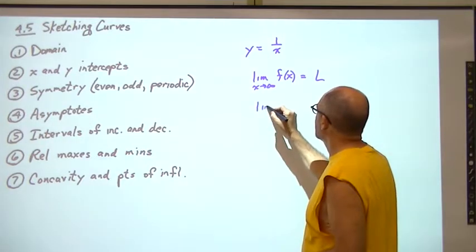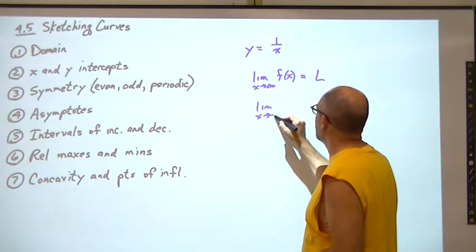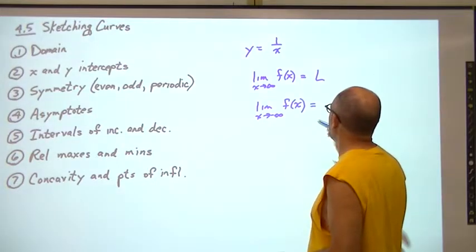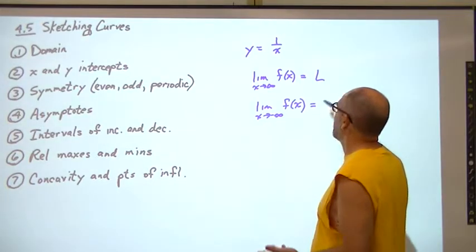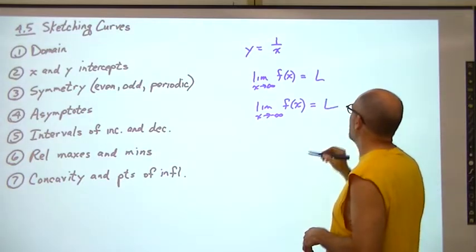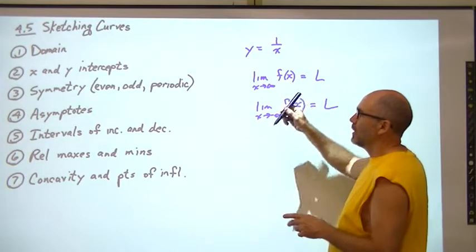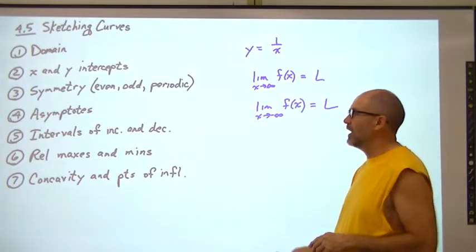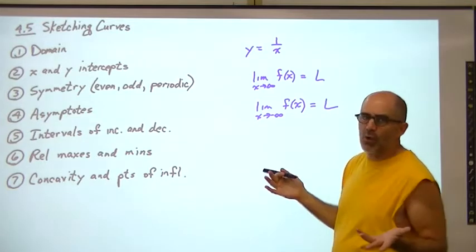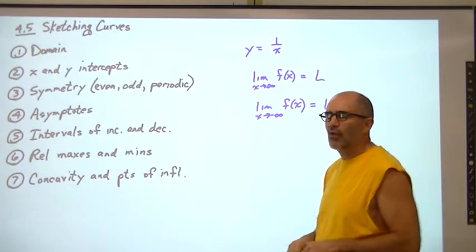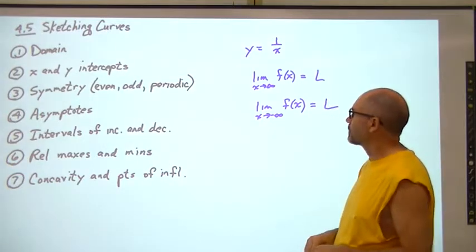Or the limit as x approaches negative infinity of f of x is also going to be some L value or some y value, and it could be a different y value. You could have a horizontal asymptote in the positive direction and in the negative direction that, like logistic growth functions, would have different asymptotes going to the right and the left.